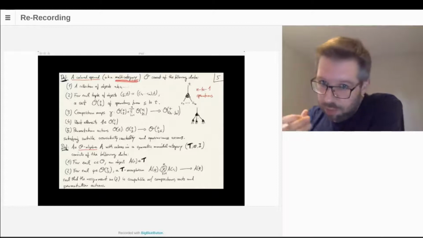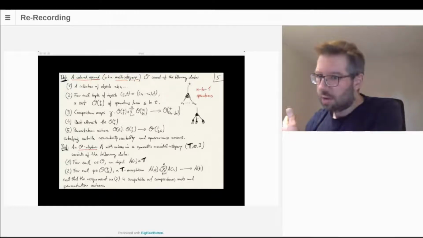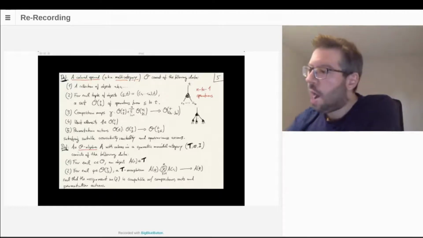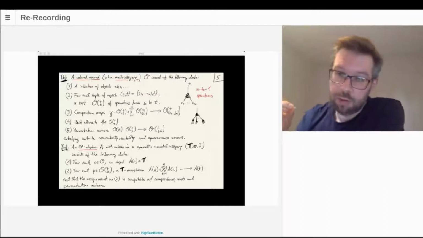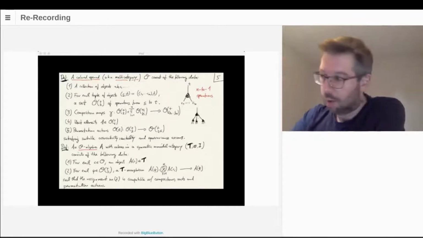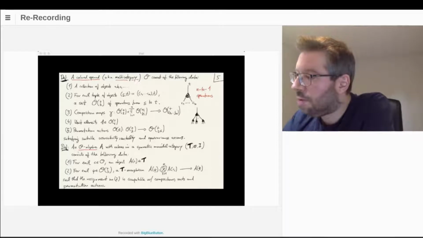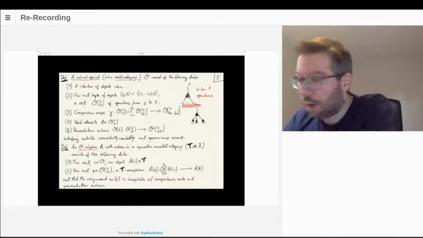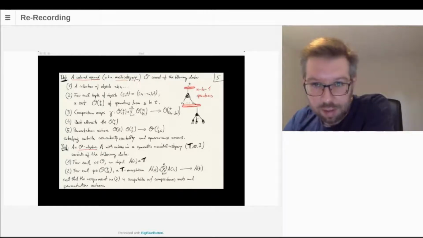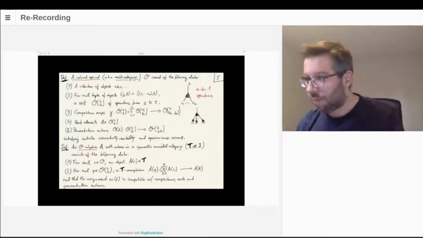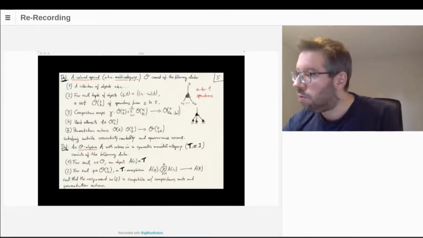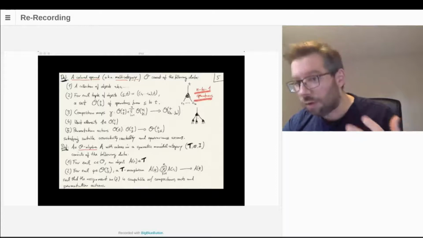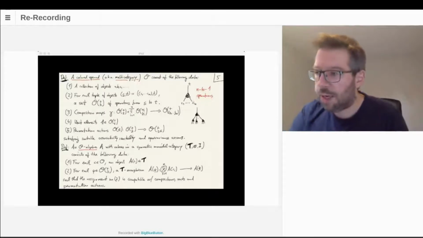A multi-category is something like a category, however, instead of having morphisms with one input and one output, you have morphisms with n inputs and one output. So that is what the multi means. You have n to 1 operations, and these morphisms I call operations in relation to operads.